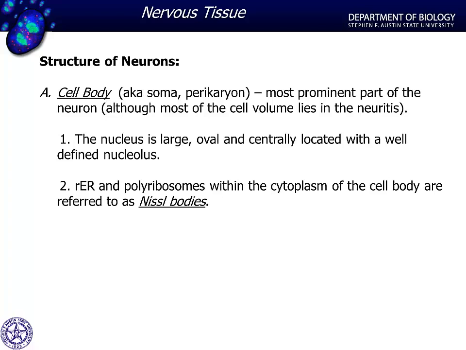It's going to look like a huge eyeball in the field that you're looking at in a histological picture. Now, when you look at the rough endoplasmic reticulum and the ribosomes that are present inside the cell body, when we see those, these are referred to as Nissl bodies, and it's going to be fairly indicative of looking at a neuronal cell.